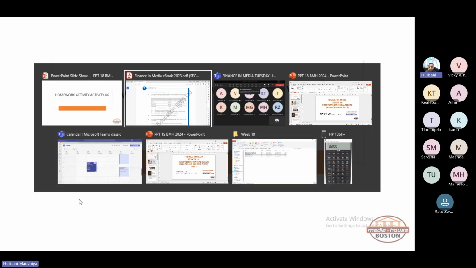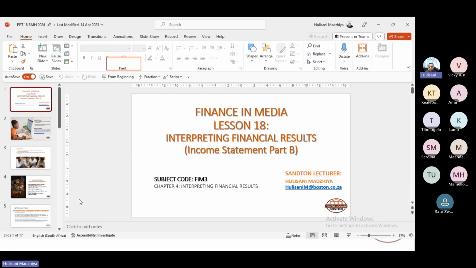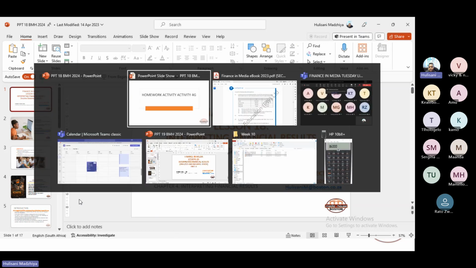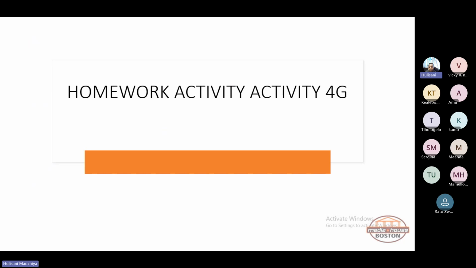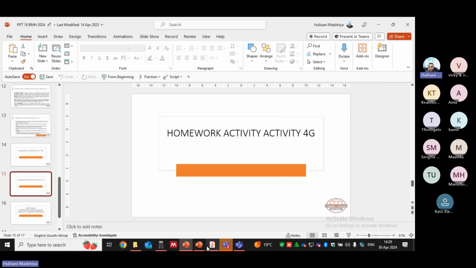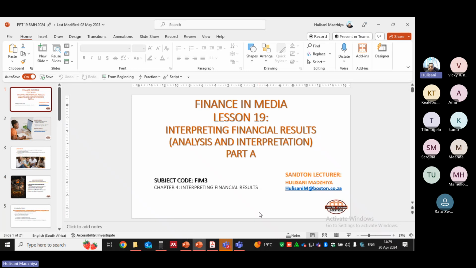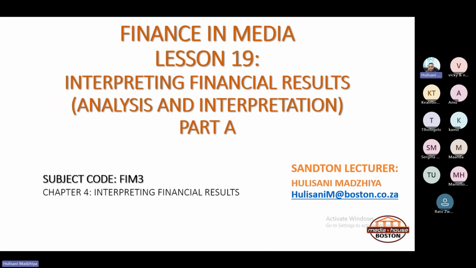So activity 4G, it's your homework. Our next lesson is interpreting financial analysis and interpretation of financial statements. I do not want to merge this together with what we just did.